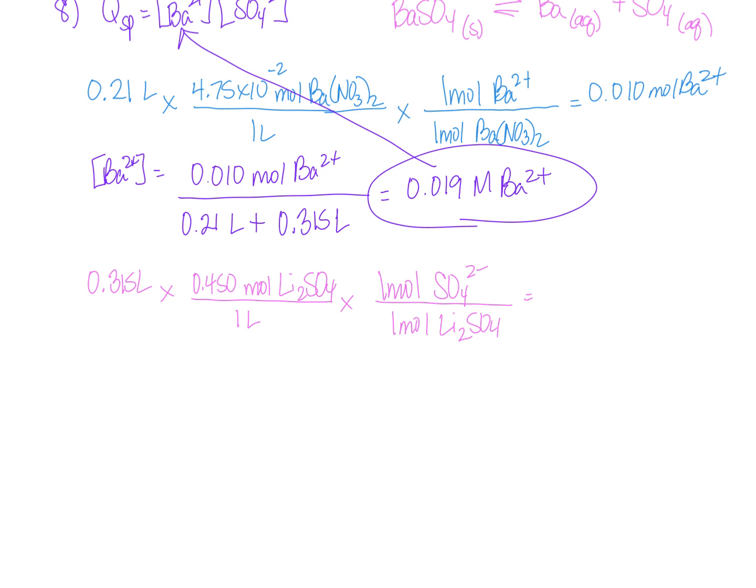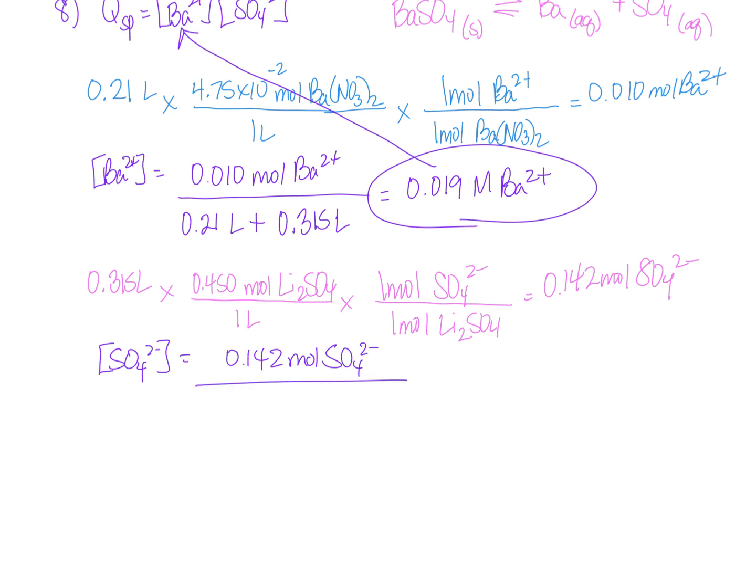So that's 0.142 moles of SO4 2-. Okay, so now I need to find my SO4 2- concentration. So take your moles, the 0.142, and divide that by your total volume. So the 0.21 plus the 0.315, or the 210 plus the 315. And I got 0.27 molar here.